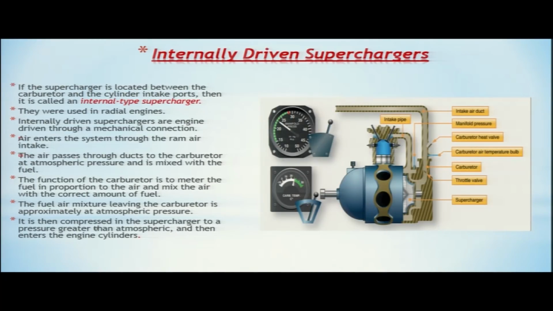Here in this diagram also you can see, this is your carburetor and this is your cylinder intake port, and between them this supercharger is placed. Since it is between the carburetor and the cylinder intake port, it will compress the fuel air mixture coming out of the carburetor. So it is called an internally driven supercharger.